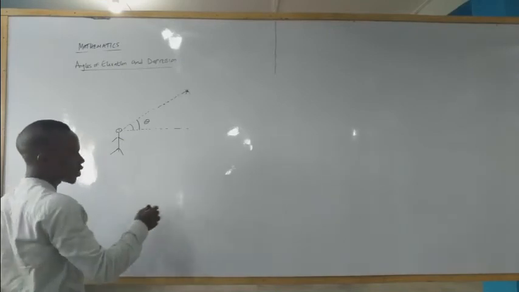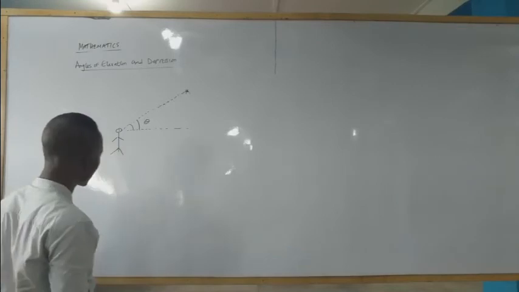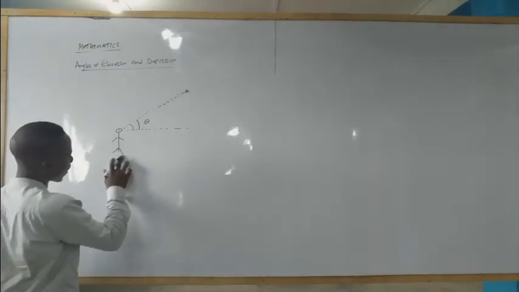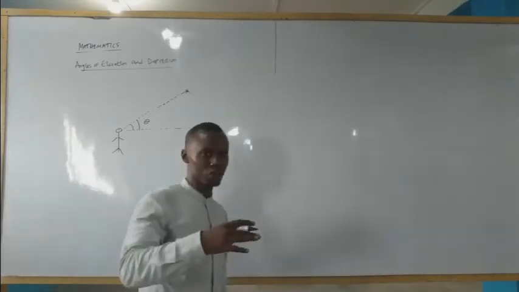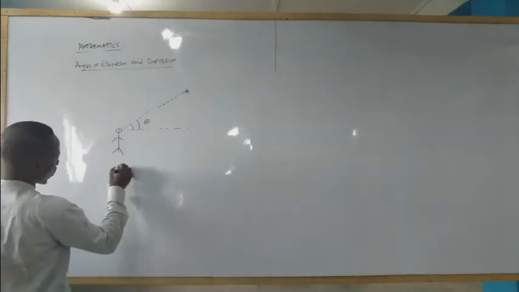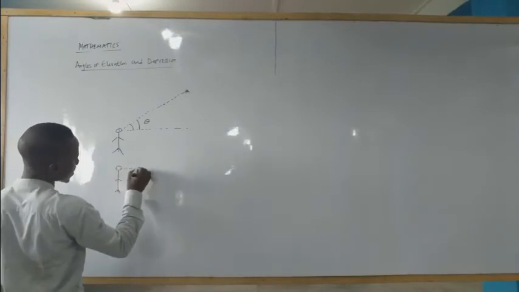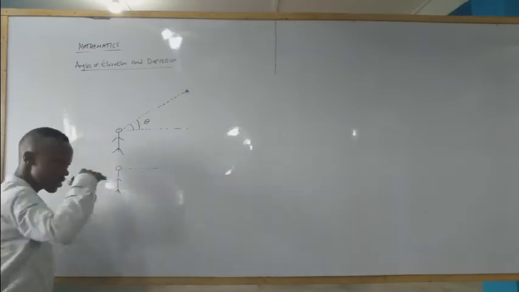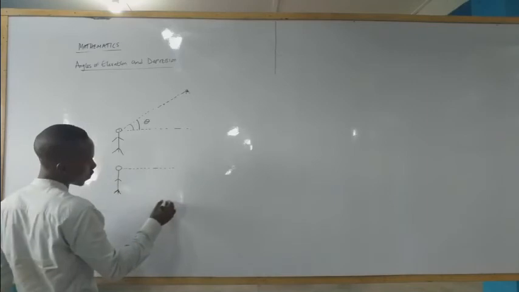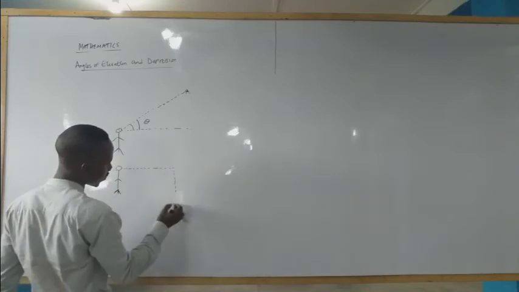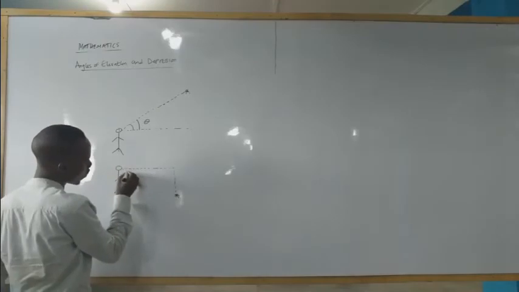Then the angle of depression is just the opposite of the angle of elevation, but they have the same angle because they are alternate angles. Here, this is still the same person, but now this is the eye level, and this person is depressed, looking down probably to an object.